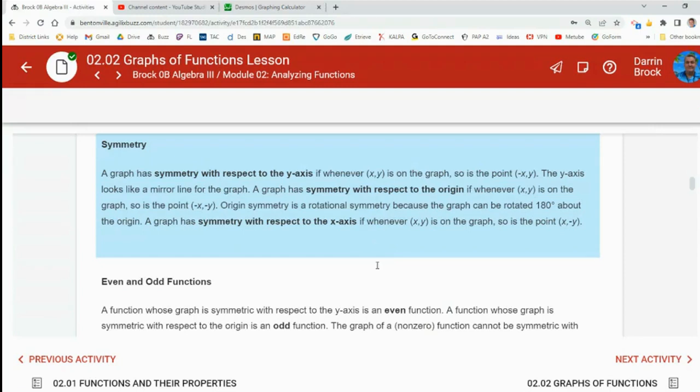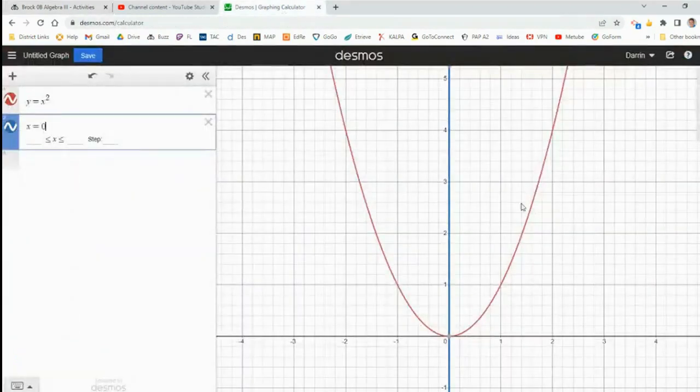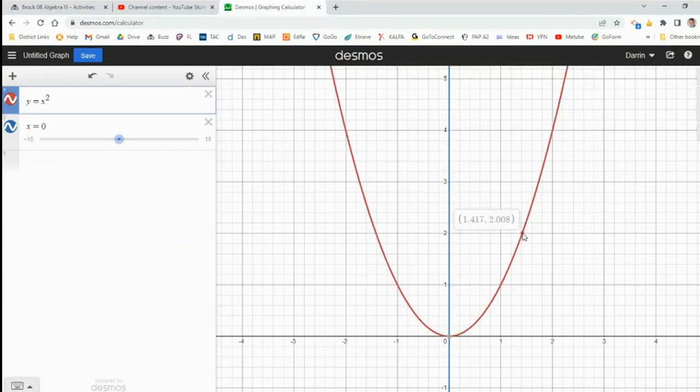Okay, so a graph has symmetry with respect to the y-axis if whenever you have an x, y, you also have negative x, y. So let's look at that. Let's see if I can get a nice even x. Sorry, 1, 1. Okay, we have the point 1, 1. That's on our graph.